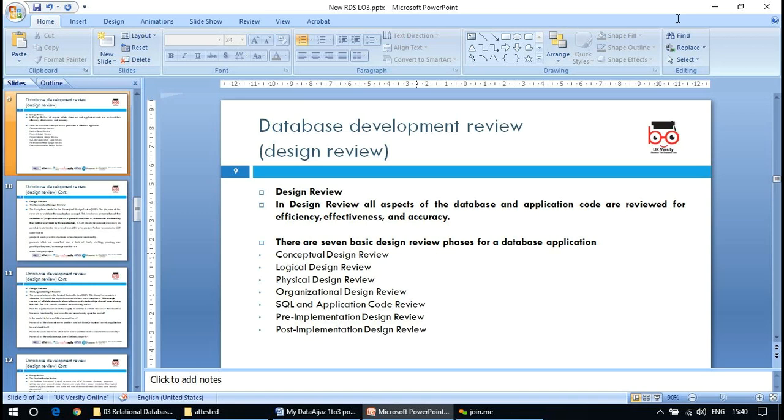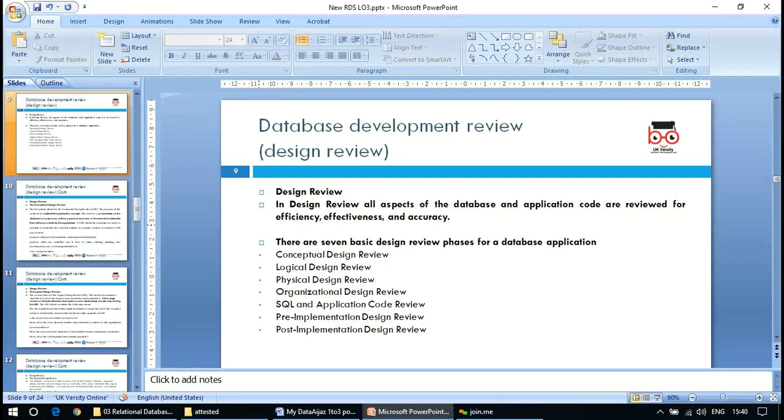Then how can you make sure the things are right, yeah, for the purpose of efficiency, effectiveness, and accuracy. So in the design review, all aspects of the database and application code are reviewed for what? Efficiency, effectiveness, and accuracy.